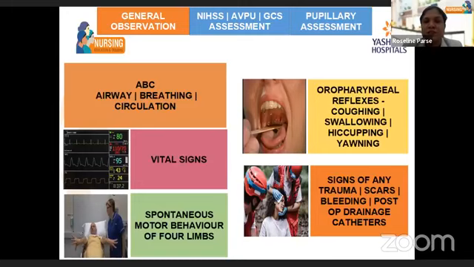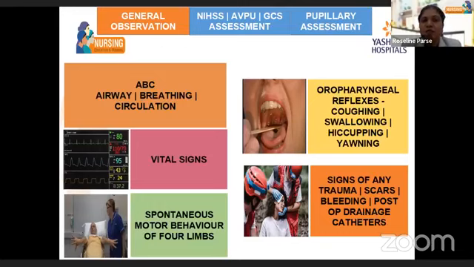In general observation, we will be talking initially about the ABC assessment. ABC talks about airway, breathing, and circulation. In airway, we will have to check if the airway is patent or there is any obstruction. Are there any sounds? Do you hear any abnormal noises when the patient is breathing?